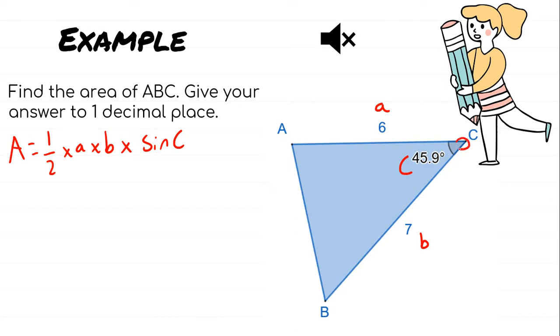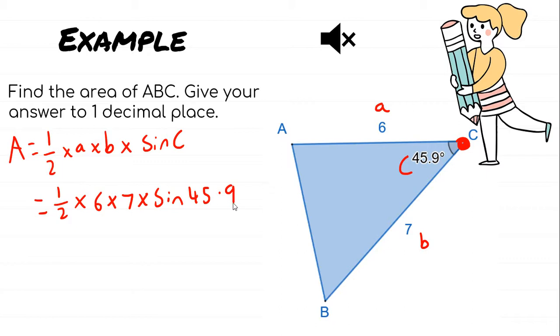We know it's between them because we can see that the two lines meet here. It's now just a case of substituting. It's just a case of, do you know how to use a calculator? So half times 6 times 7 times sine 45.9.